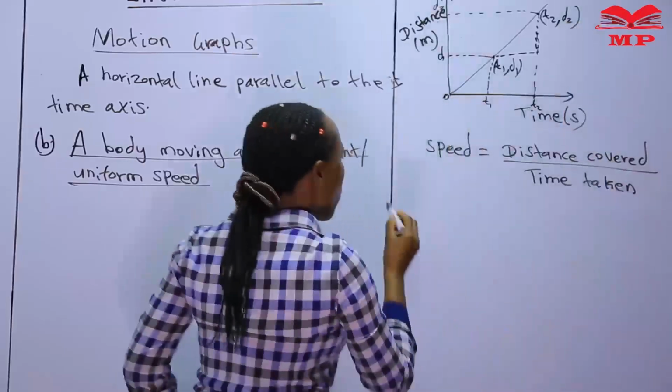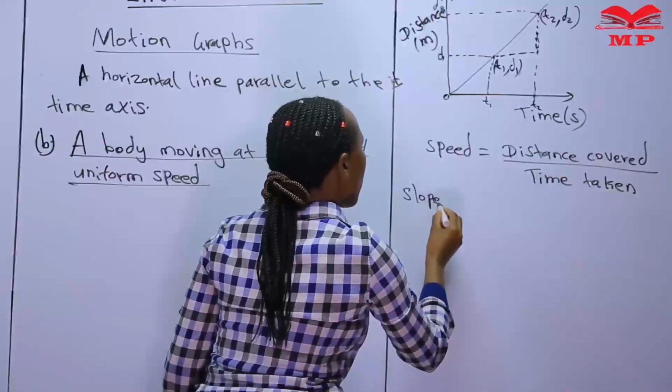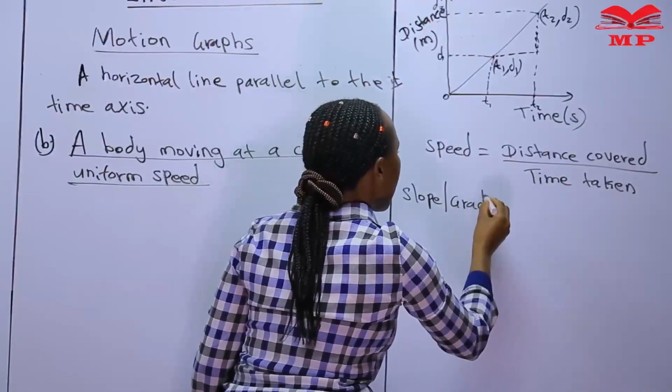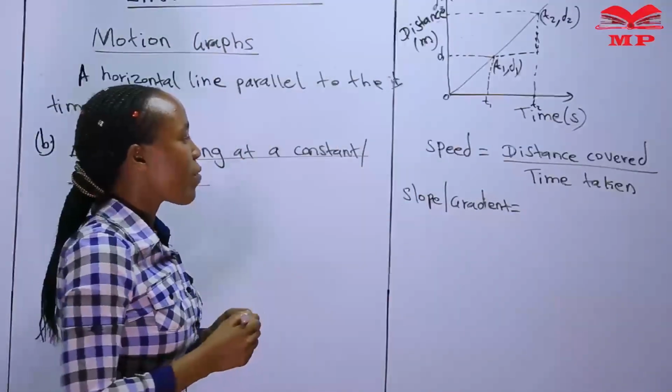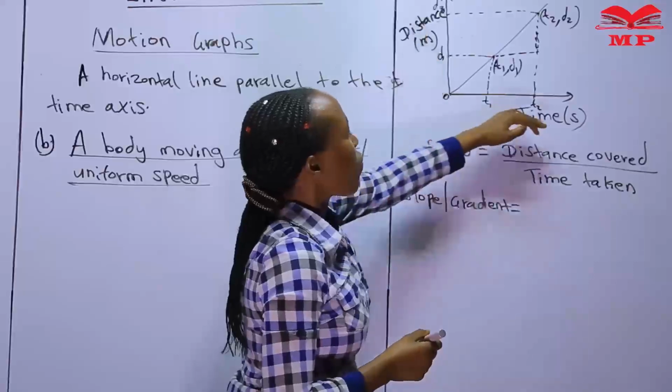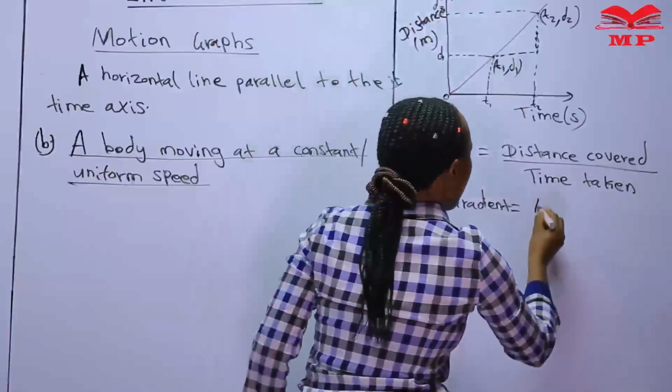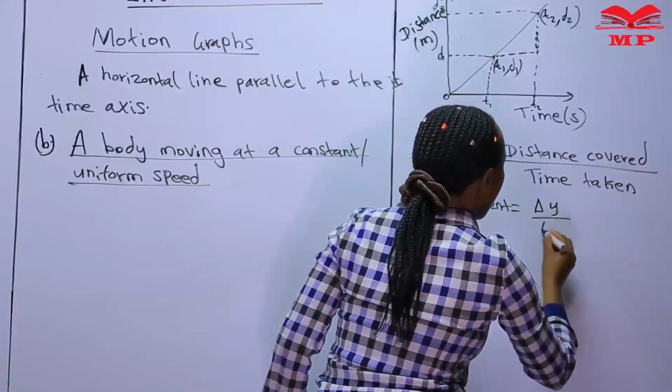And therefore, if we want to get the slope, which we also call the gradient, we know that the gradient is given by change in y all over change in x.